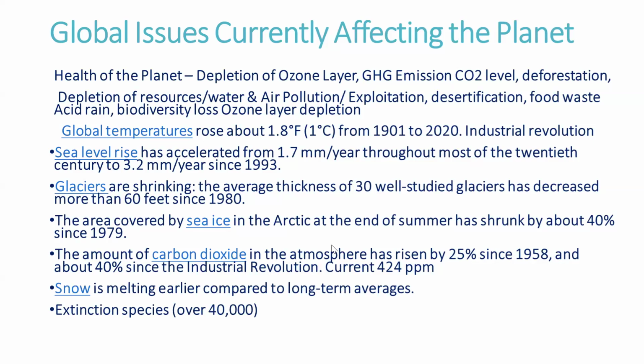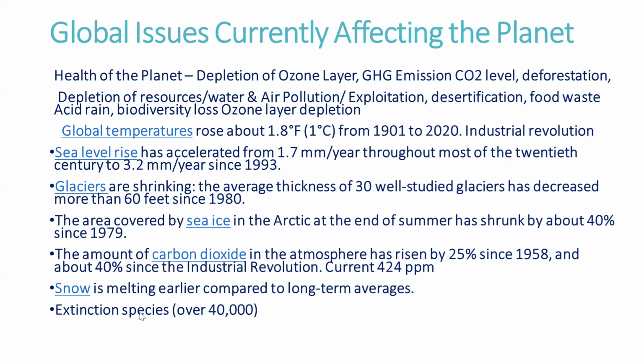The current concentration is 425 ppm. And it was 350 in 1960. So when it goes above 450, people like us will be having problems in breathing. Even now I have problems in breathing.